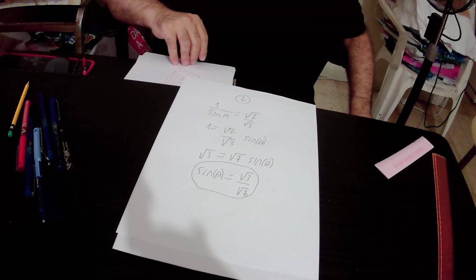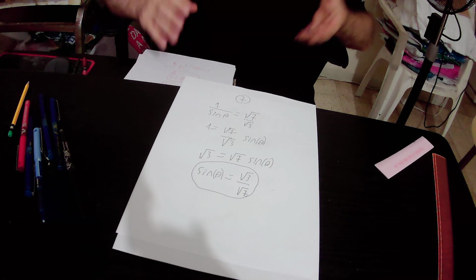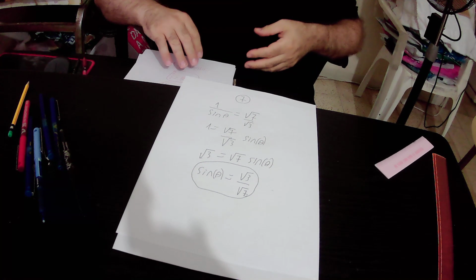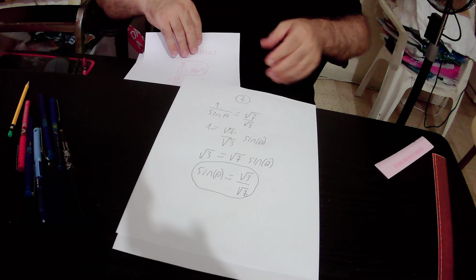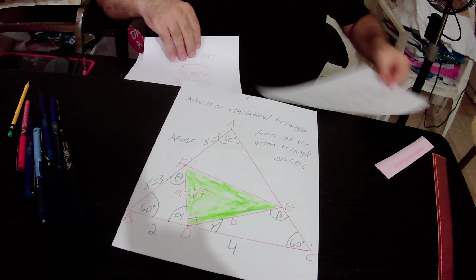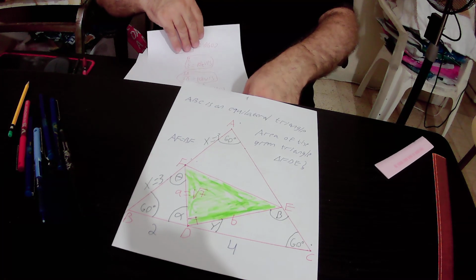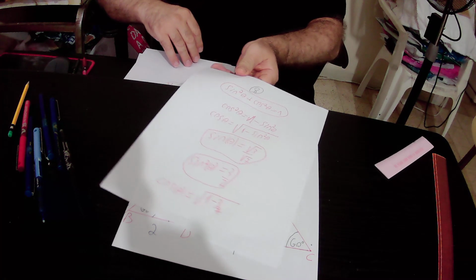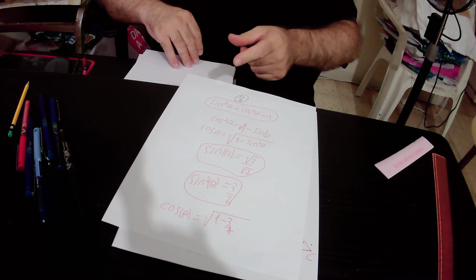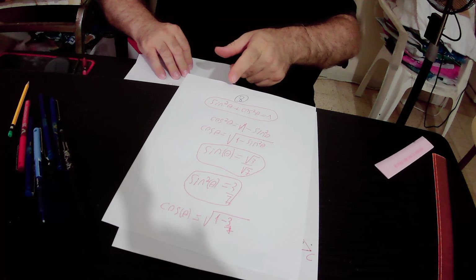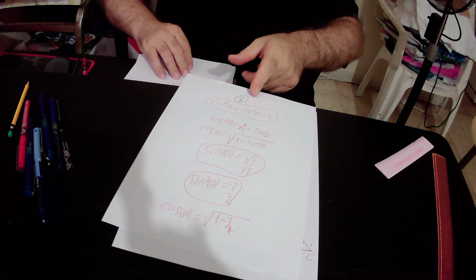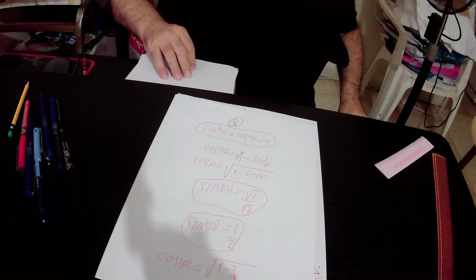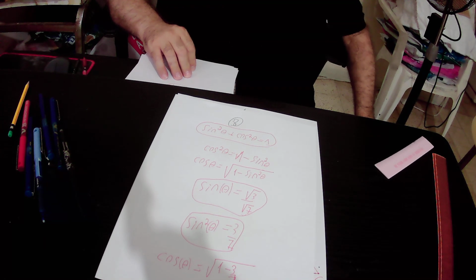In the next step, we found the value of cosine theta by implementing the first trigonometric identity, which states that sine theta squared plus cosine theta squared equals 1.